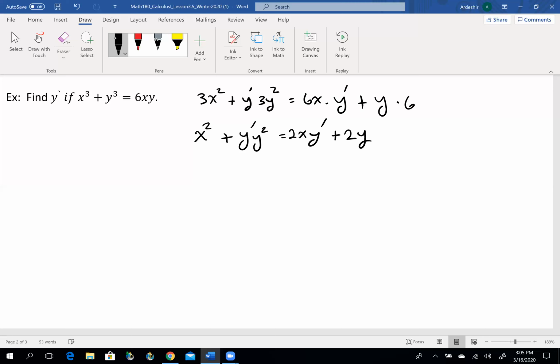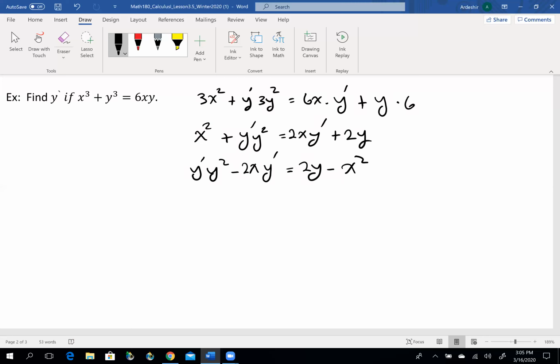Now I want to isolate, again, dy/dx, in other words y prime. You see that we have y prime y squared, and on the other side of the equation I have 2xy prime. I want to bring all these y prime terms to one side. So y prime y squared, I bring 2x y prime to the other side, so it's minus 2x y prime, equal to, then I bring the x squared to the other side, so it's 2y minus x squared.